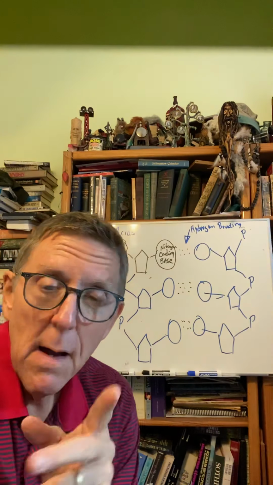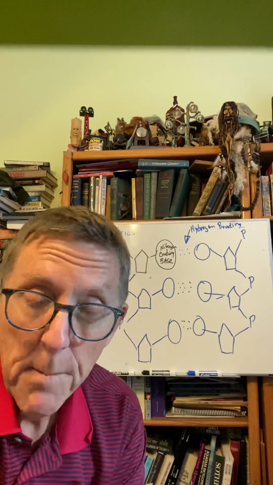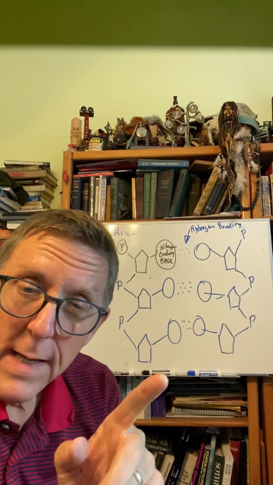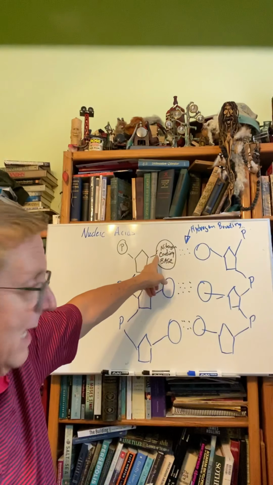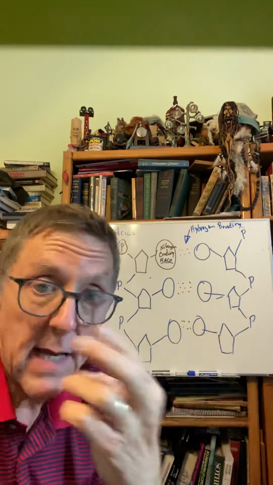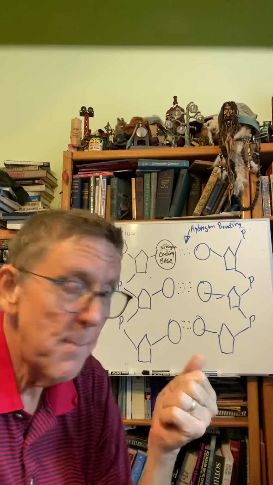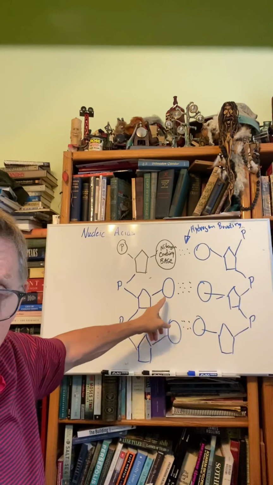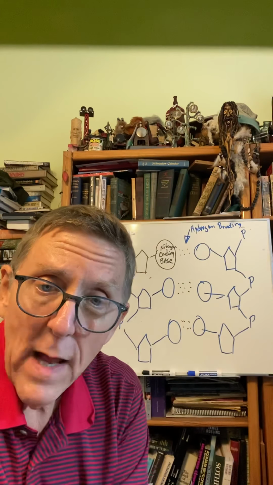And we had said polar covalent molecules unequally share electrons. Well, it ends up that adenine, the A, will hydrogen bond with thymine, the T. And cytosine, the C, will hydrogen bond with guanine.